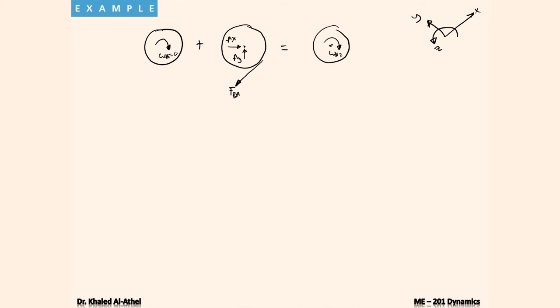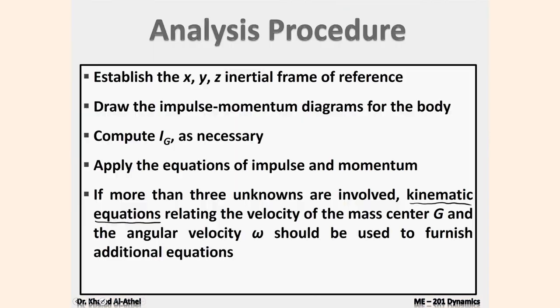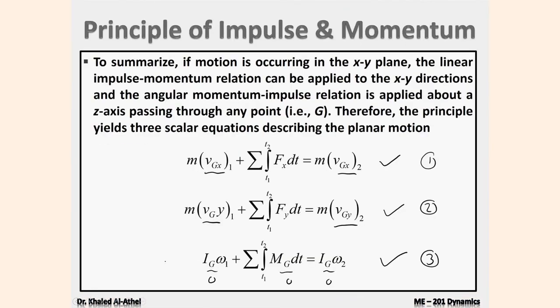Okay, so let's start now. I'm going to apply the angular impulse and momentum around point A. So around point A, I'm going to have HA1 plus, if you go back to the equations and see what we have, I'm only going to apply this.